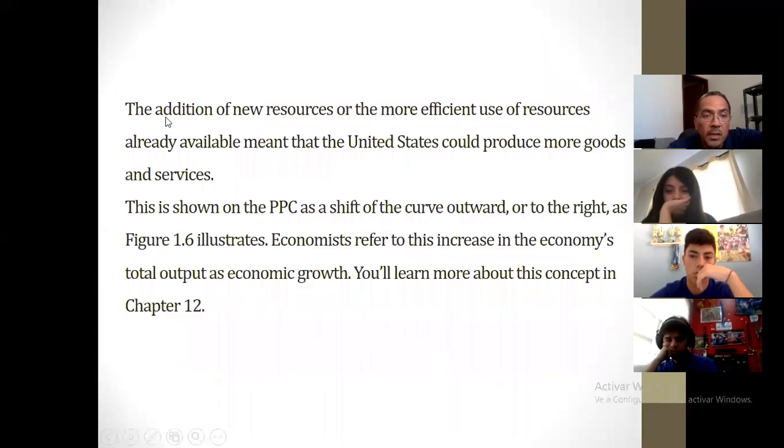Now, let's move back. The addition of new resources or the more efficient use of resources already available meant that the United States could produce more goods or services.